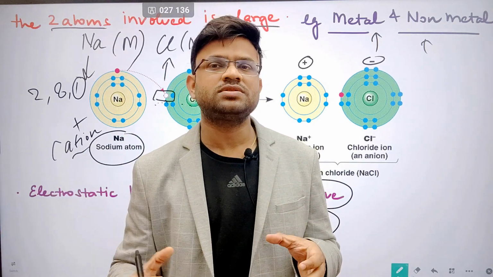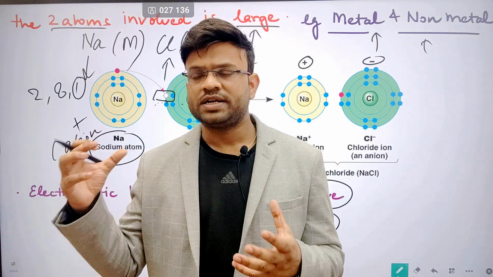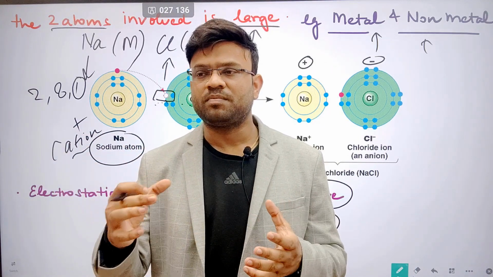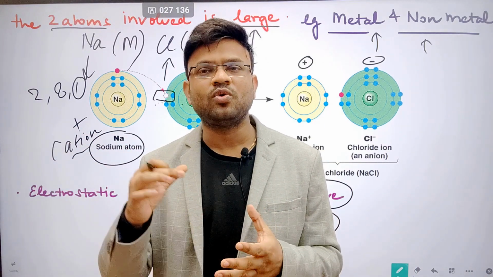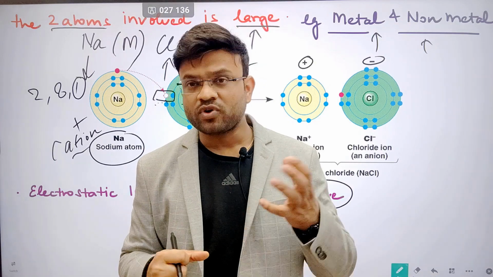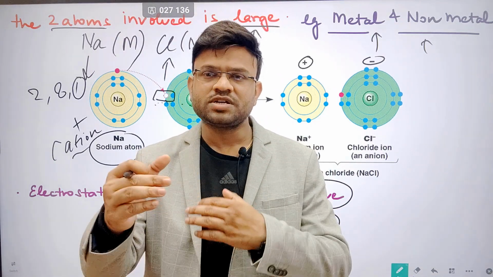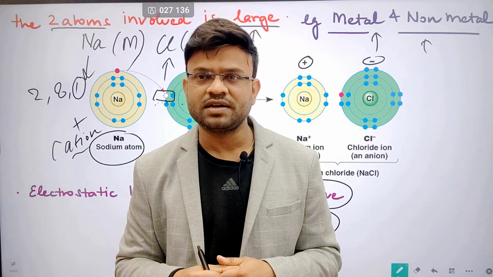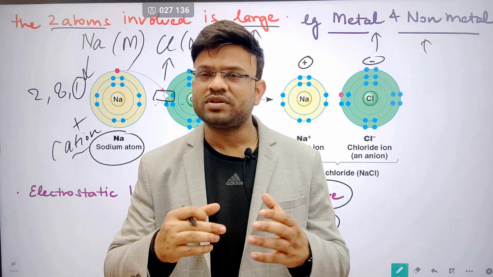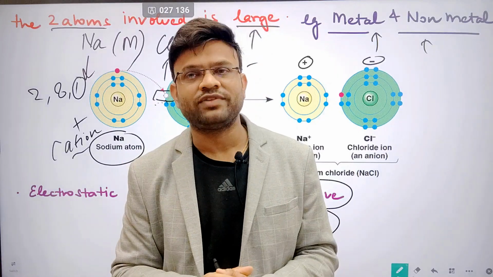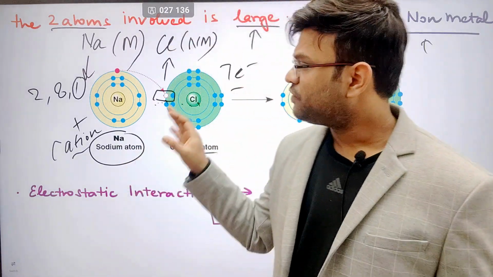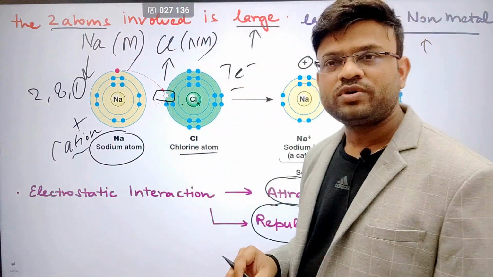These are partial because there is a polar covalent bond, and I have already explained this kind of interaction in covalent bonding. However, let us come back to the sodium chloride thing.